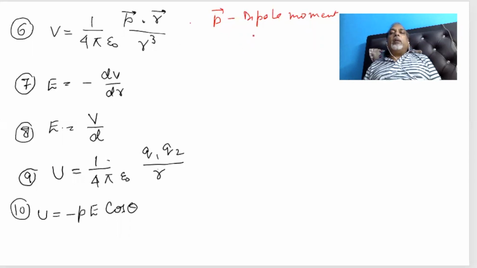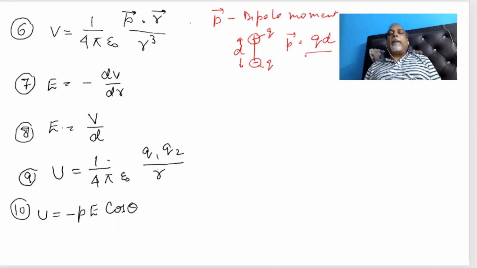A dipole is nothing but plus charge and minus charge placed at a distance D. This is plus Q, and this is minus Q, and P is nothing but Q into D.